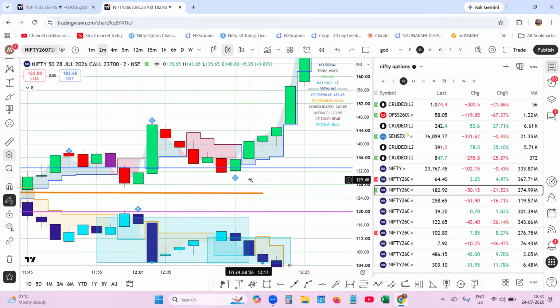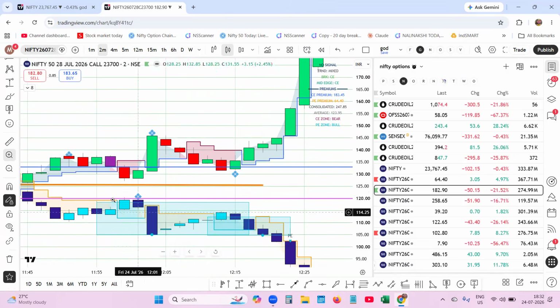Hack number 12 is premium rotation. Sometimes C starts moving, P remains quiet. Many times you might have seen C moving and P not falling that much here.